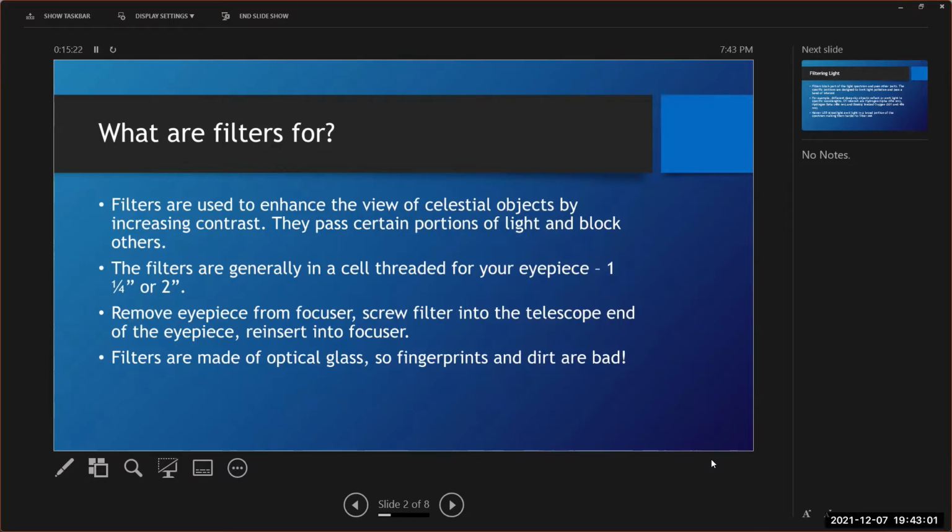I've gotten fingerprints on filters before, and I'm trying to remember how I cleaned it. I may have cleaned it with either distilled water and a Q-tip or ROR, R-O-R, lens cleaner and a Q-tip. I would clean it very much like I would clean an eyepiece. But again, those coatings do all the work, and they are somewhat fragile, so be careful with them.